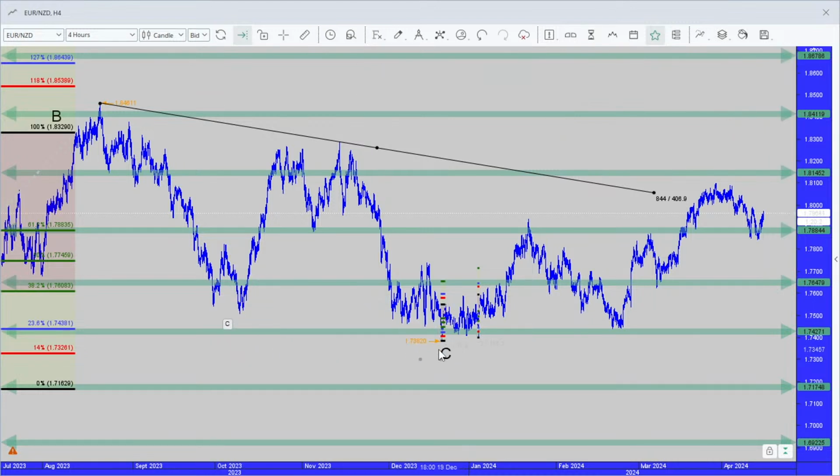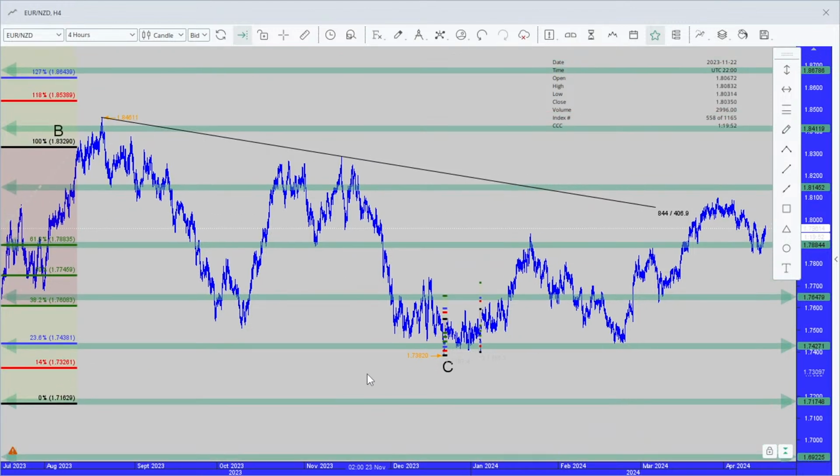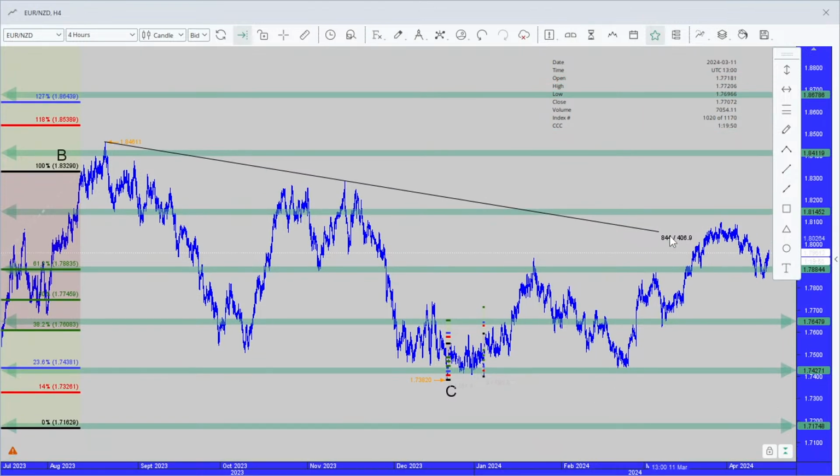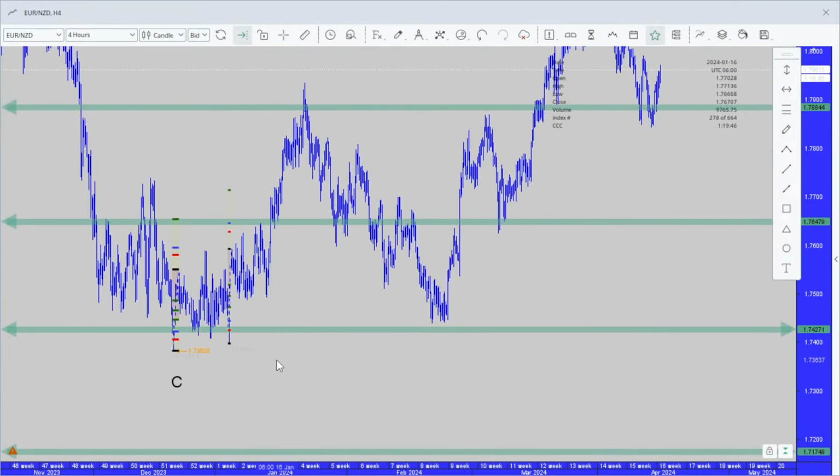Everybody, again, you have a choice to make. Do you want to trade the original Fibonacci on the left, the big A, B, C, or do you want to trade the confirmation Fibonacci, which we need to redo, right?